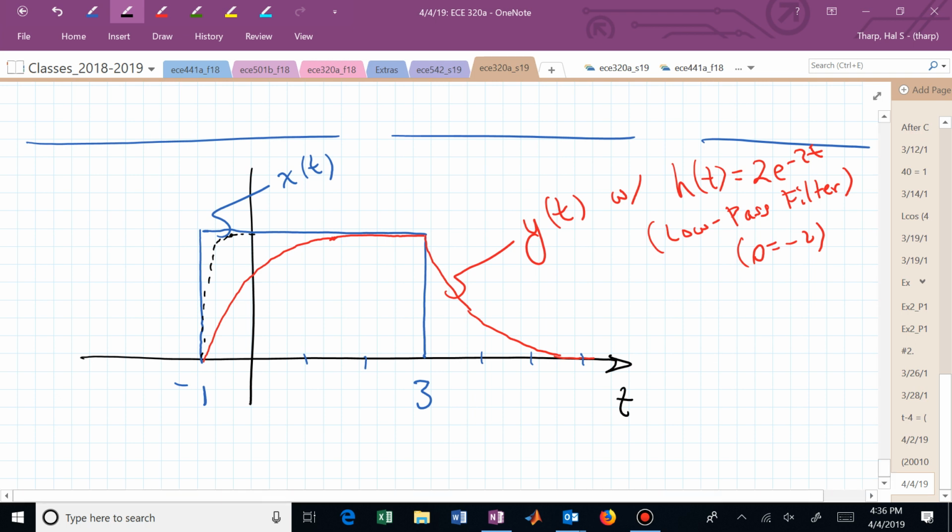We only have to wait until here, 3.5. So this curve is for a low-pass filter with s equal to -10.